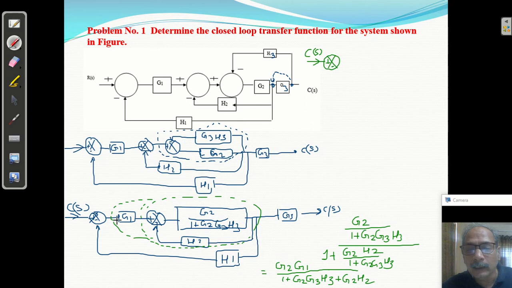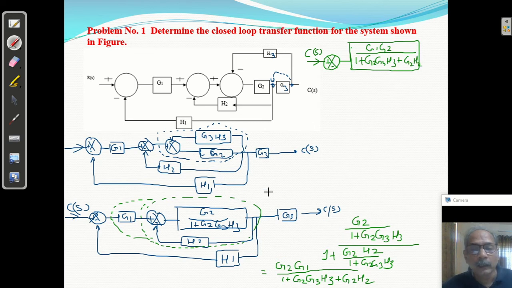This is the transfer function of the forward path: G1 G2 upon 1 plus G2 G3 H3 plus G2 H2.